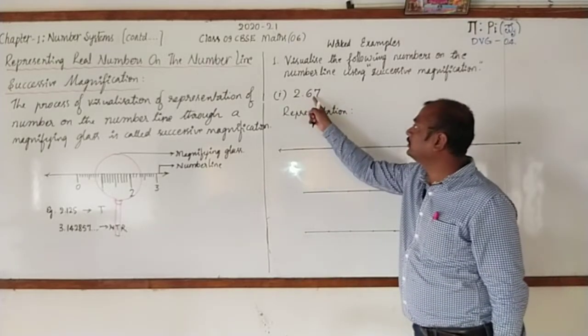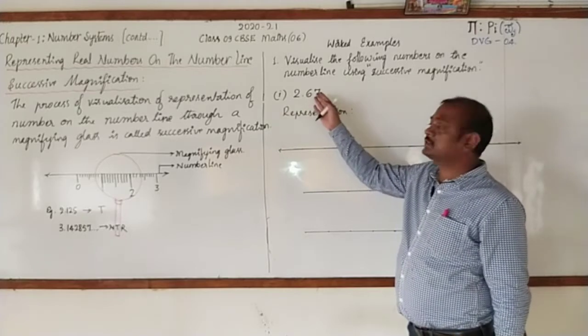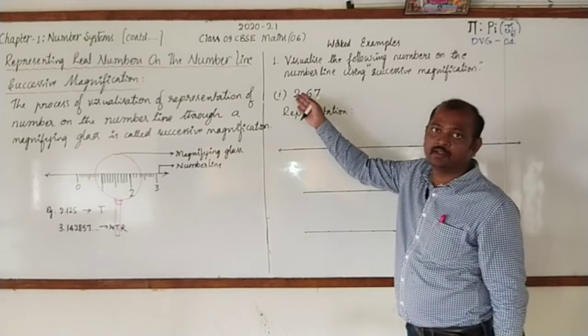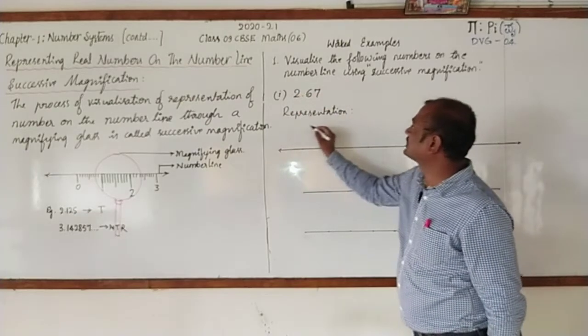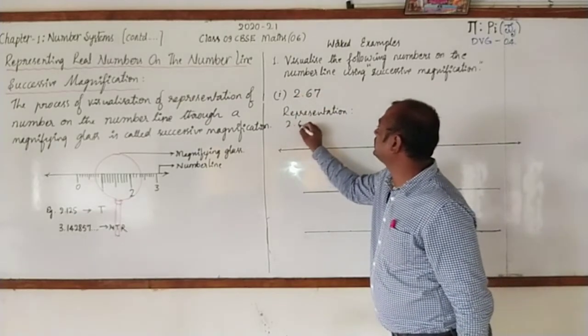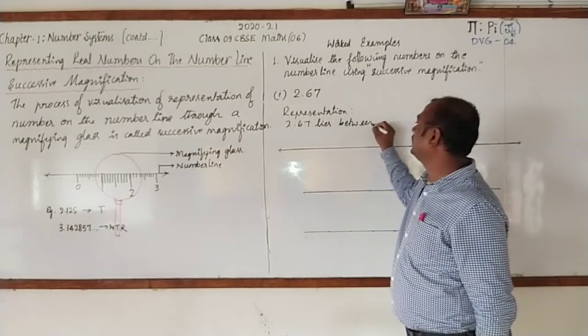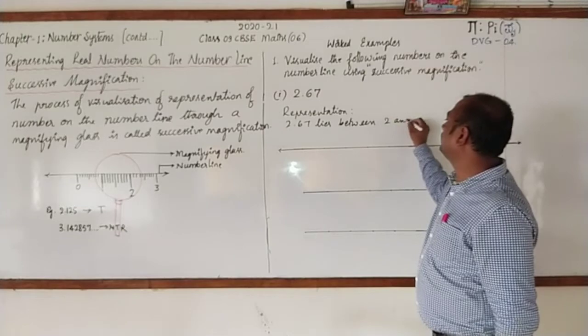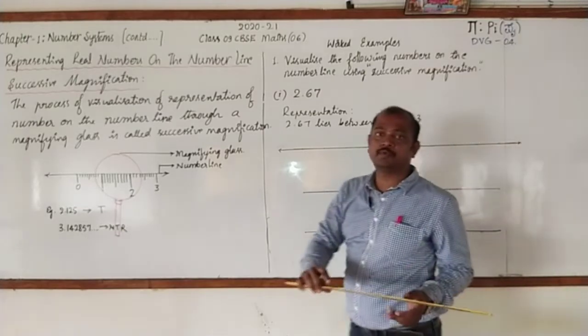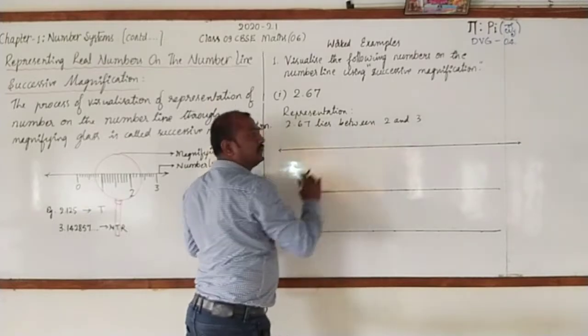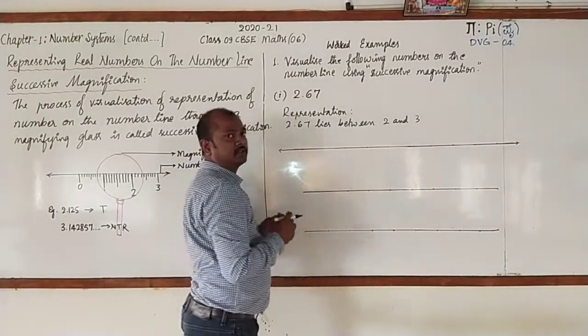See, 2.67 is more than 2 and less than 3. Hence, I write this as: 2.67 lies between 2 and 3. First I draw the number line, in which only the positive integers, nothing but natural numbers, are taken.